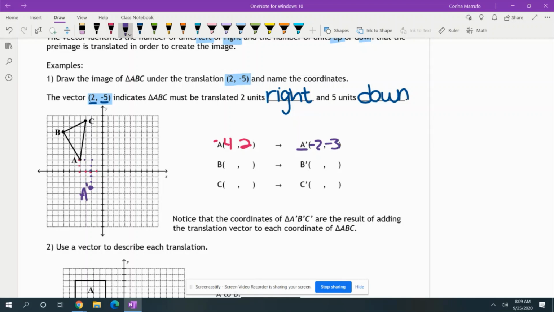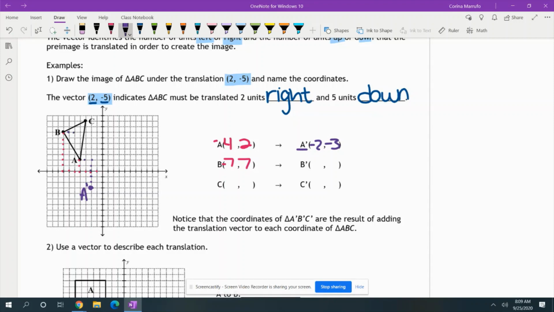Okay, now we're going to move point B. So I'm going to count where point B is real quick. It's 1, 2, 3, 4, 5, 6, 7. So -7. And then it's up 1, 2, 3, 4, 5, 6, 7. So -7, 7 is the original for B. So now we are going to do the translation of 2, -5.